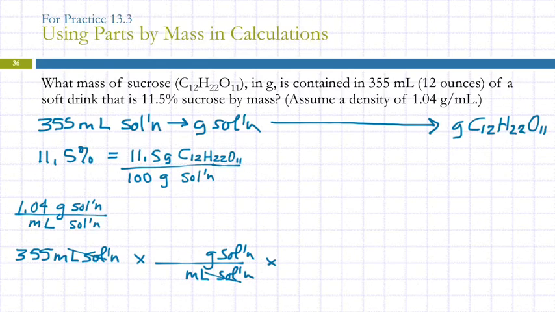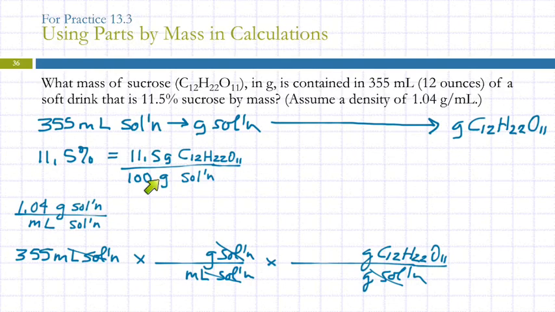The next factor is grams of sucrose, C12H22O11, over grams of solution in the denominator, and the grams of solution unit cancels out. Okay?